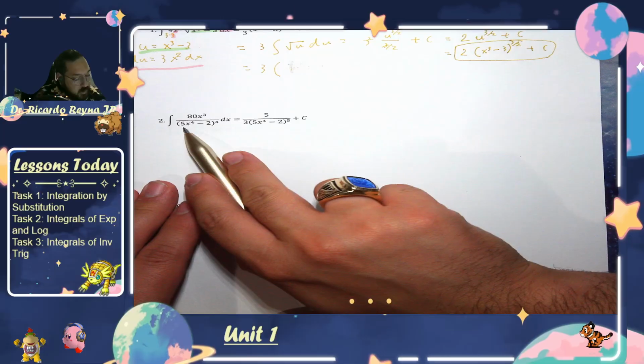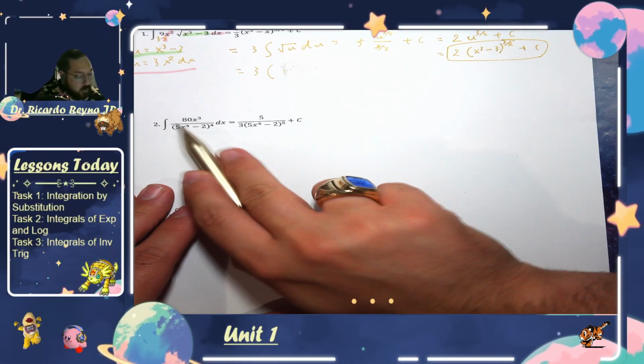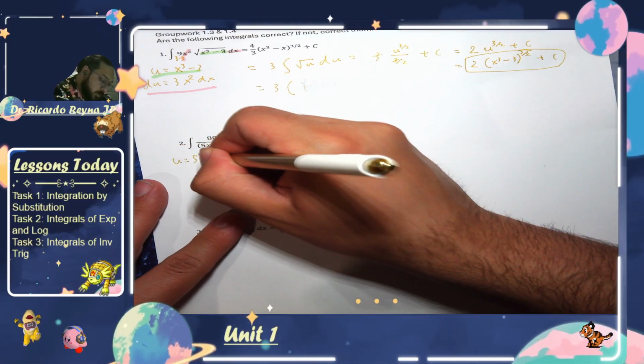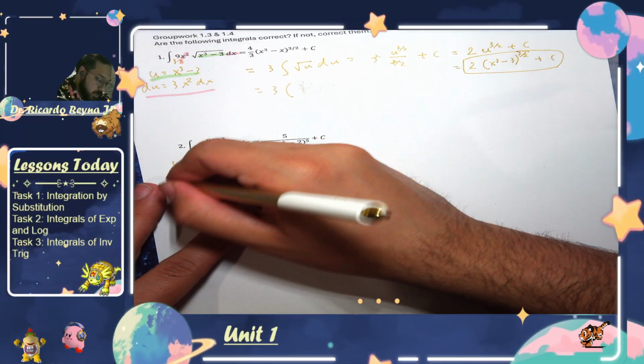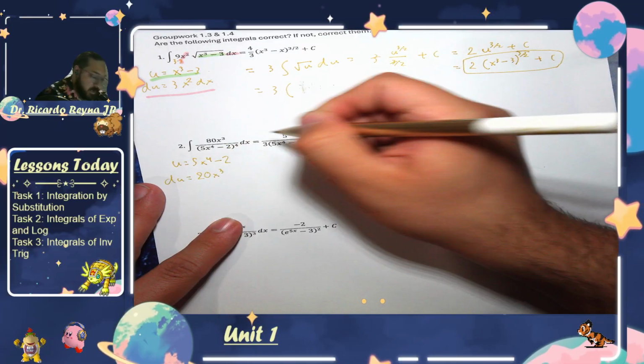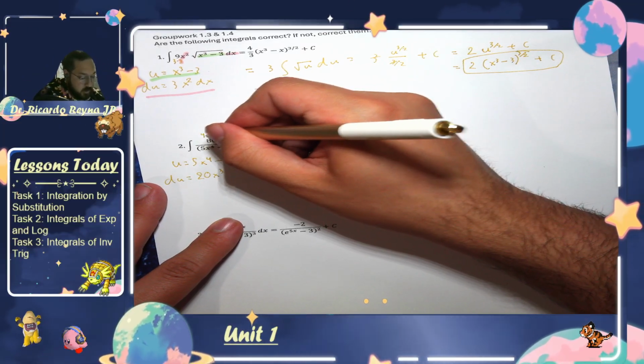Here, again, we see that it does appear a little bit, but not in full. 5x4 minus 2, du is equal to 20x to the power of 3. We know that that's just 4 times 20.